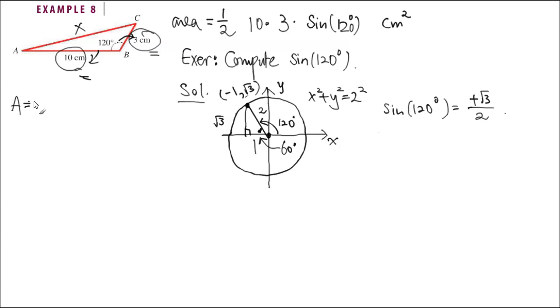A here, capital A, is 1/2 times 10 times 3 times, what is sine 120? Root 3 over 2, right? That's the value. Not turning this into a numeric, you calculate in an exact way, which is probably what Webwork sometimes wants. If it wants a numerical value, it says round to 2 decimal places, something like that.